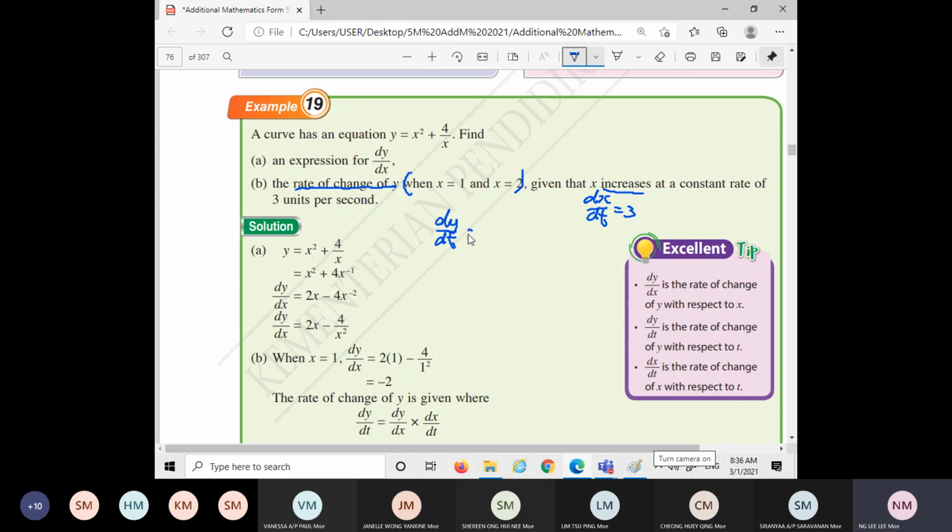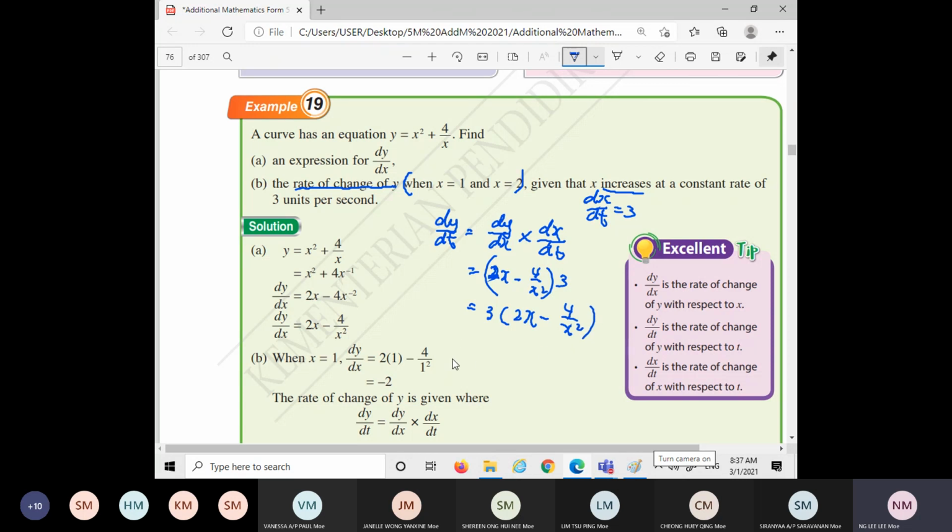So this one, same thing, chain rule: dy/dt, and the variable is dx, so I need dy/dx. dy/dx is here, so 2x. And I need dx/dt, which is 3. You can just leave it, or substitute in, but I think no need. You can just write the 3 in front, that's all.